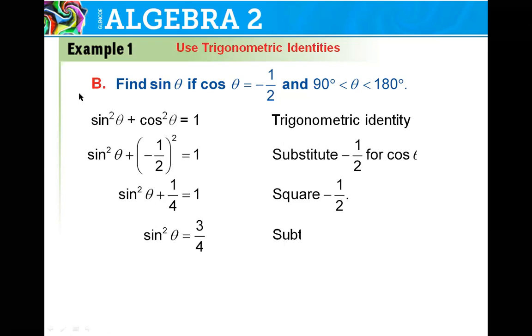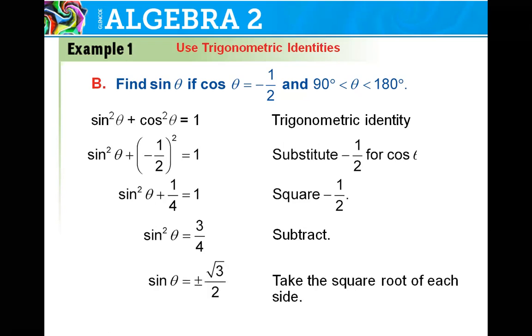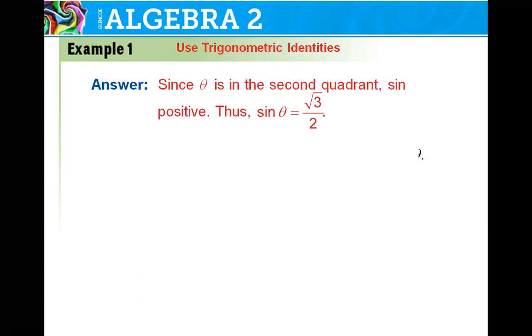Then we subtract 1/4 from both sides. We get 3/4. So it's positive or negative √3/2, but we work in the second quadrant, so we take only the positive value, √3/2.